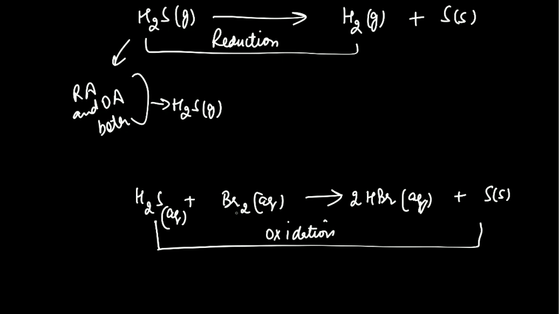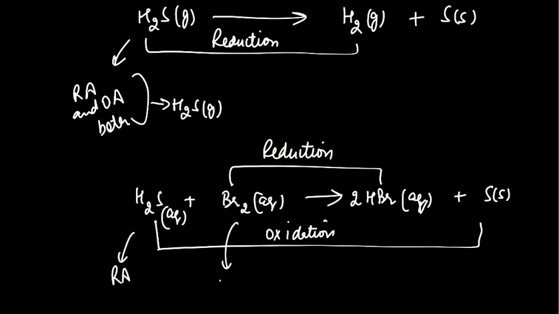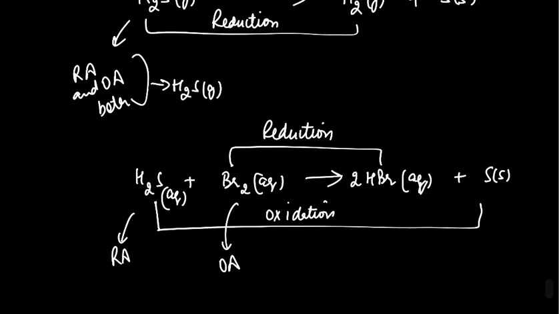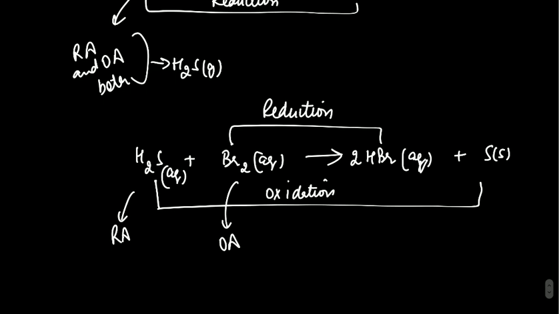So obviously bromine over here is undergoing reduction, that is, addition of hydrogen is reduction. So we can say H2S over here is a reducing agent and this is our oxidizing agent, bromine. So just remember we can have multiple reactions under this.